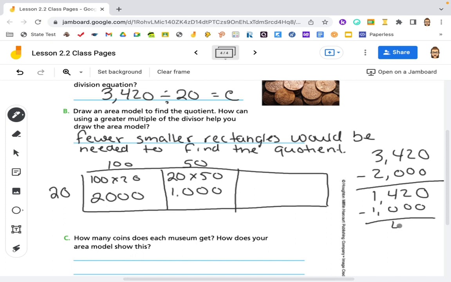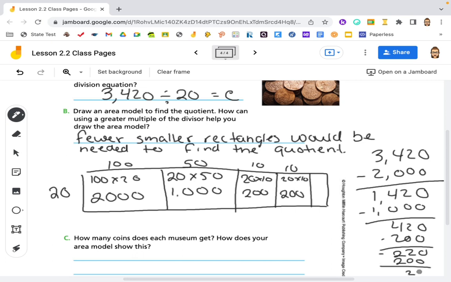So now I could just use 10. 20 times 10 is 200. Use 10 again. And then I'm left with 20, which means I have one more.